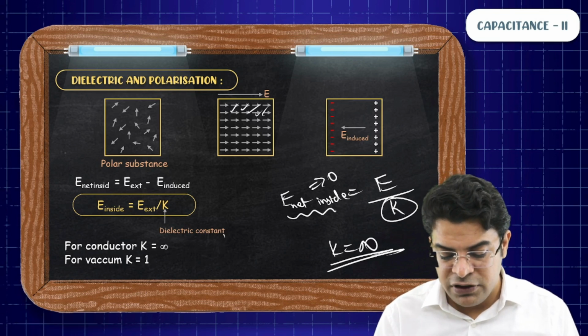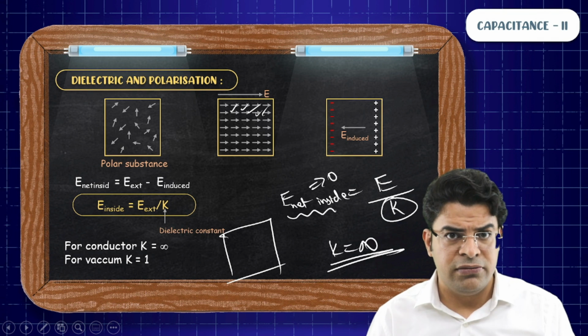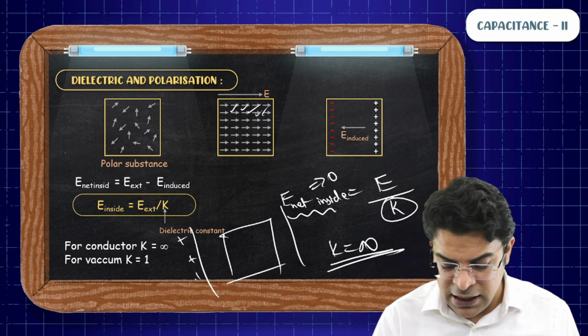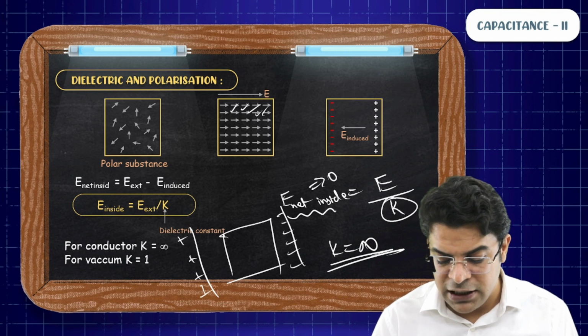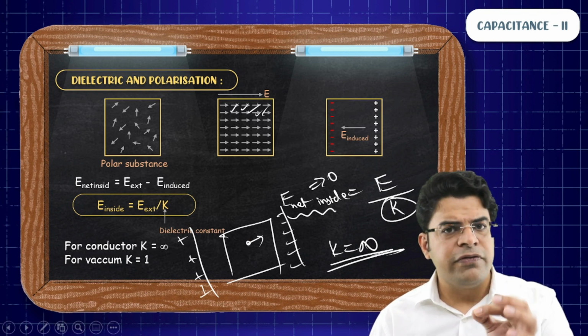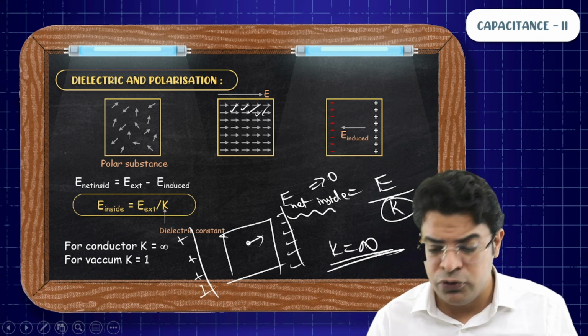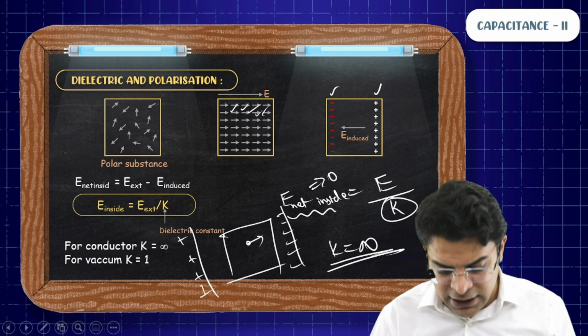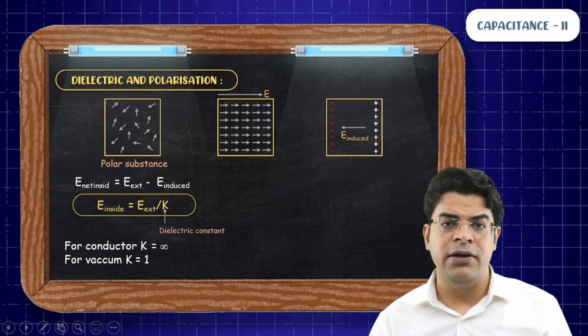If you take a container with nothing in it and try to apply some electric field at a point inside it using an external source, the electric field you are trying to apply won't be opposed by any induced charges. So the electric field will be the same. Hence the dielectric constant for vacuum has to be 1.